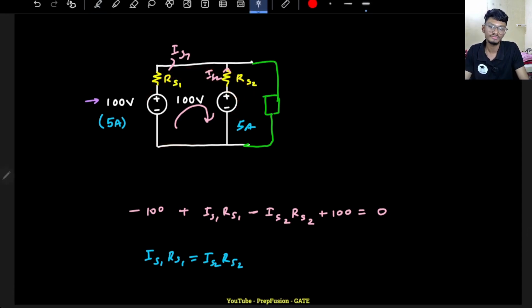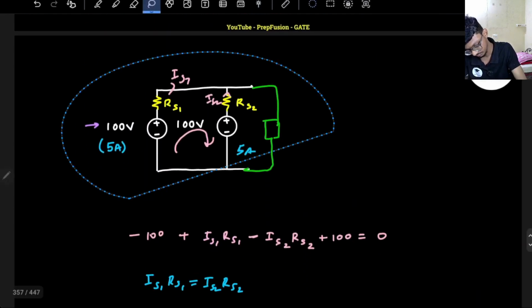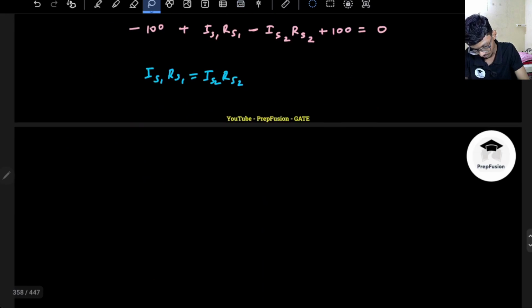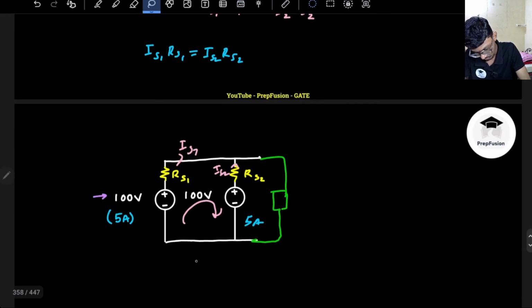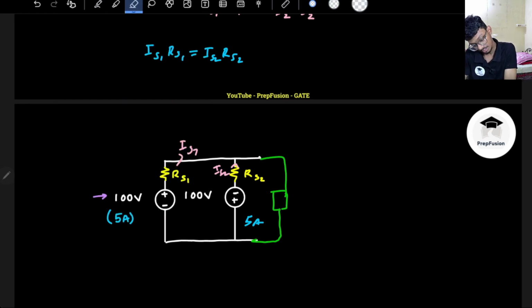Now if they are connected in opposite polarity, what will be the problem? Let's see. I will copy this circuit and apply the same with minus and plus.